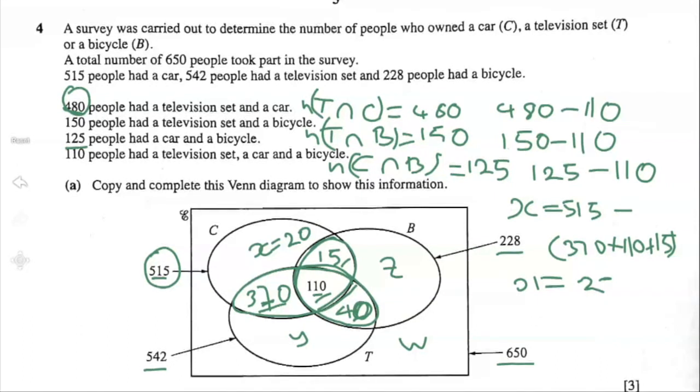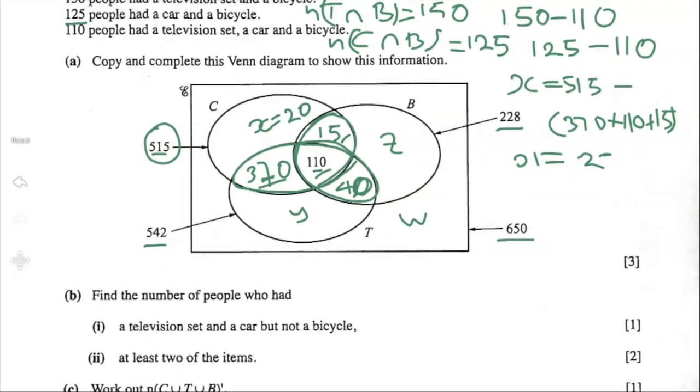Similarly, we can work out Y here. To find Y, your Y will be equal to the total number of elements in T there, which is 542, minus the sum of the elements in T there, which is 370 plus 110 plus 40.